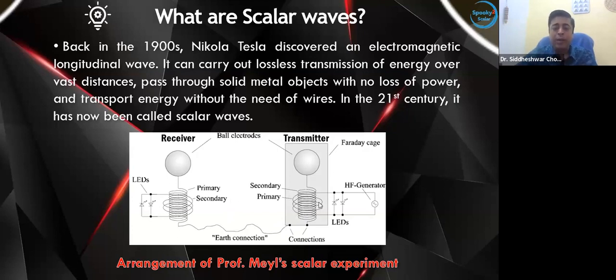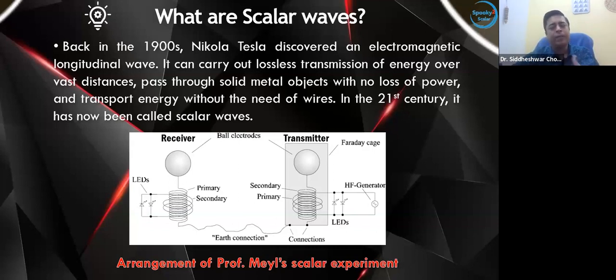So whenever the high frequency generator starts generating some frequencies, or I should say, we are manually changing the frequency, there comes a point which we call the scalar tuning point, where suddenly you see the same wave appear out of nowhere at the receiver. The moment this happens, there is a resonance between the receiver and transmitter, and then we say the scalar field has formed.